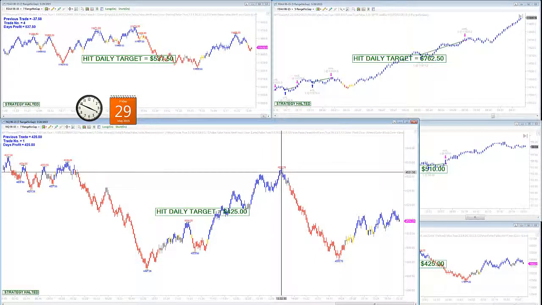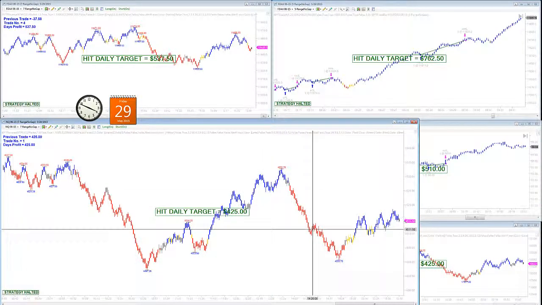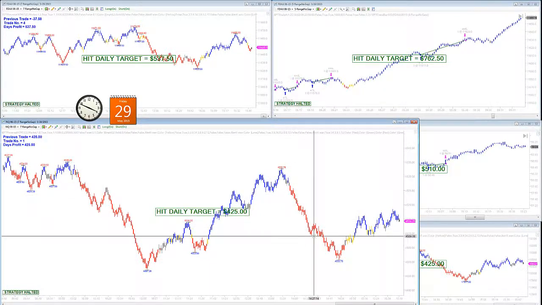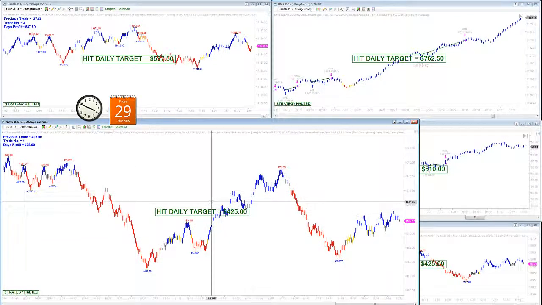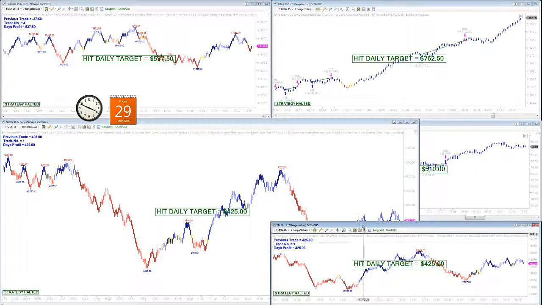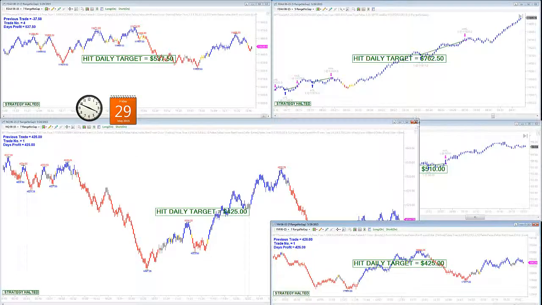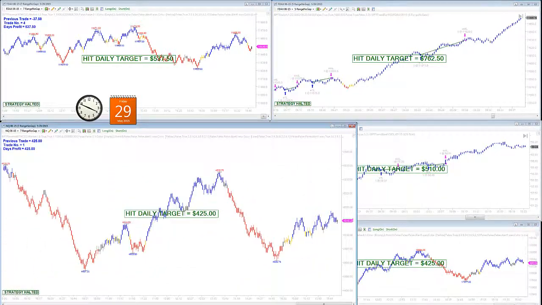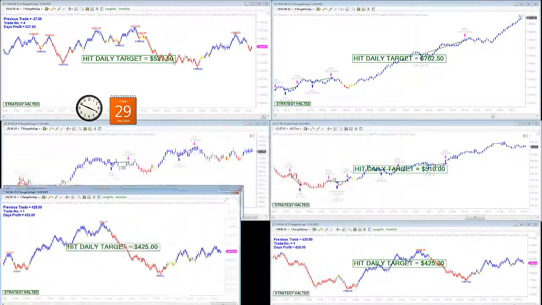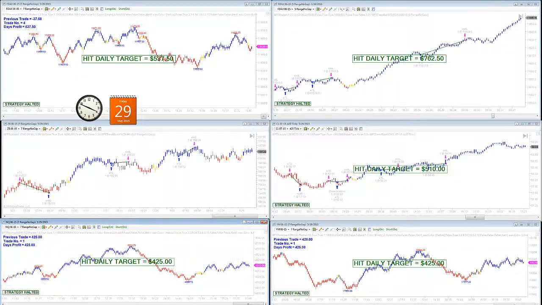On the Nasdaq and the Dow Jones on a 7 range, I took one trade and we were done, and it's 425. This is lovely, especially compared to the amount you're investing. This is absolutely superb, and those are the days where you really enjoy the auto trade.